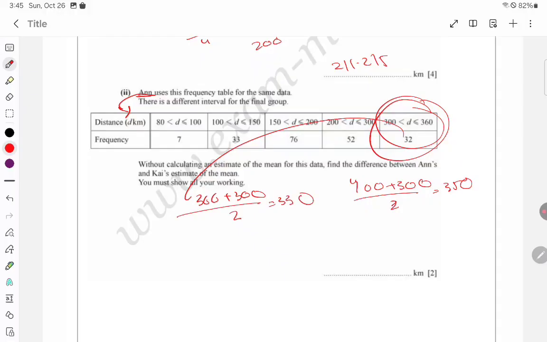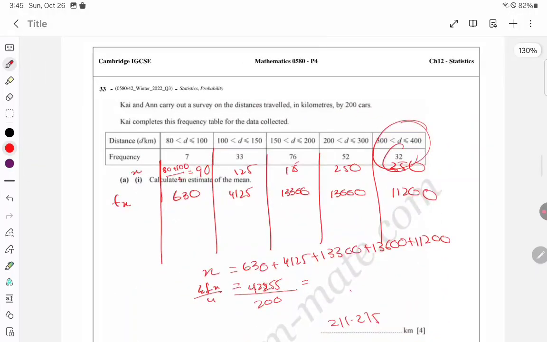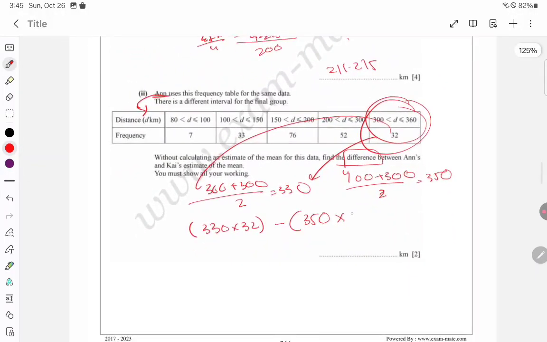Now what we have to do is multiply it with the frequency, like 330 multiplied by 32 minus, for the difference we are using the negative sign, 350 multiplied by, for chi this is also 32 frequency, and we get the value of negative 640.